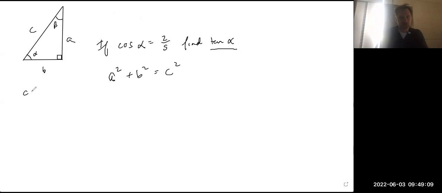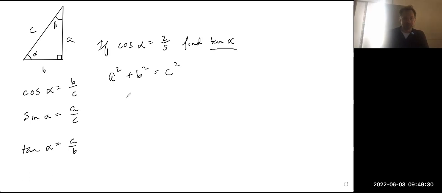So the cosine of alpha would be the adjacent b over the hypotenuse c. The sine of alpha would be a over c, and the tangent of alpha would be a over b.